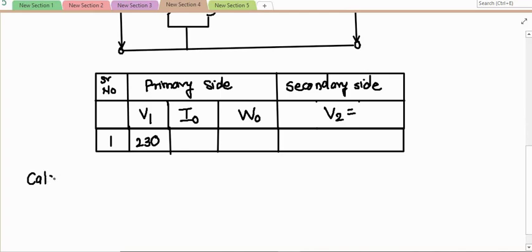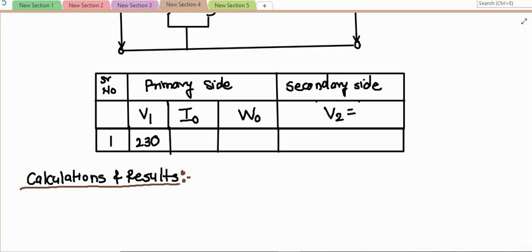So let us see calculations and results. Why I have connected the voltmeter across the secondary, because I have to calculate the turns ratio.